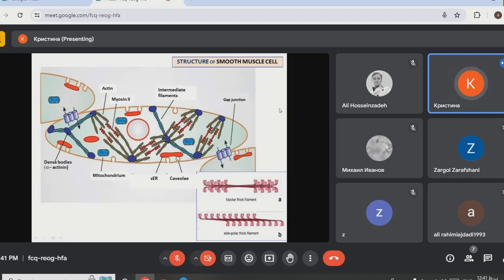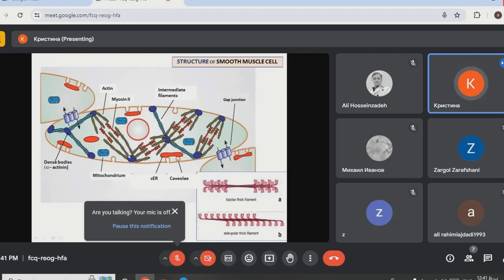You can see the same here, the structure of the smooth muscle cell. One nucleus in the center, some mitochondria, smooth endoplasmic reticulum, and caveoli are the places where calcium is stored. Here you can see myosin, red, and actin, yellow filaments needed for contraction.